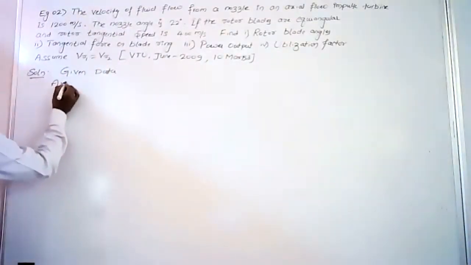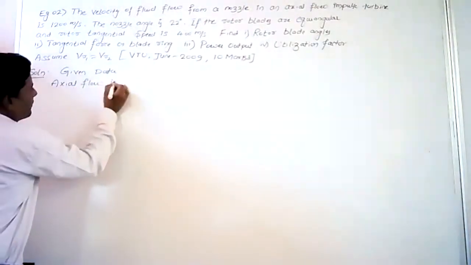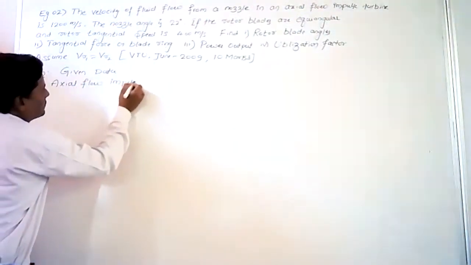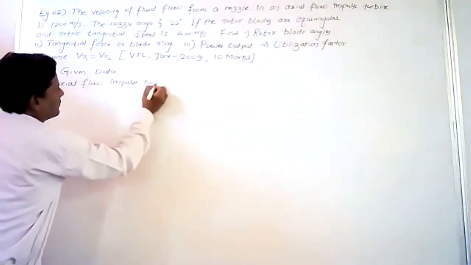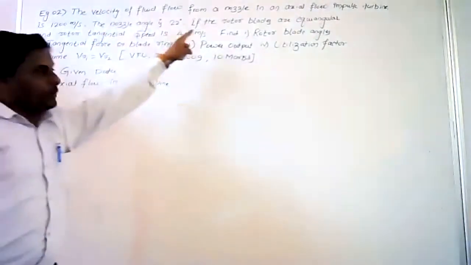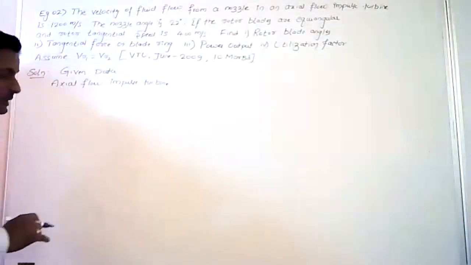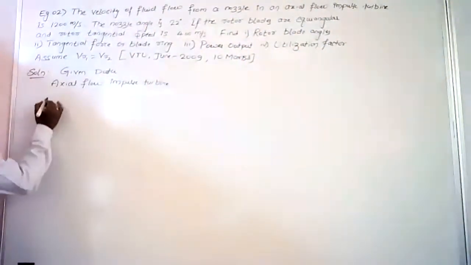Just write down axial flow impulse turbine. The velocity of flow from the nozzle is the absolute velocity.